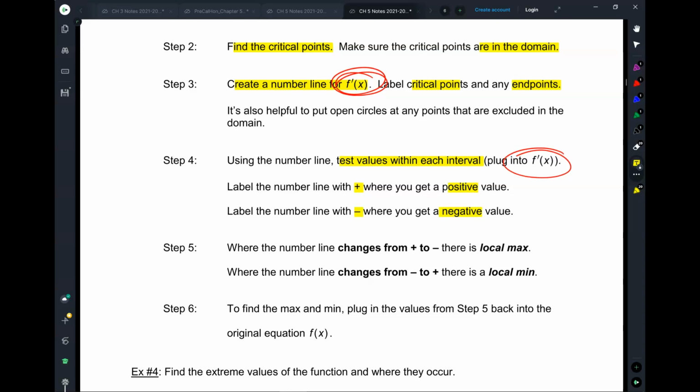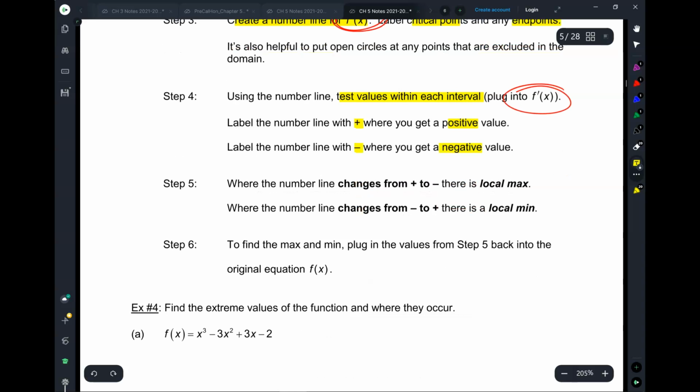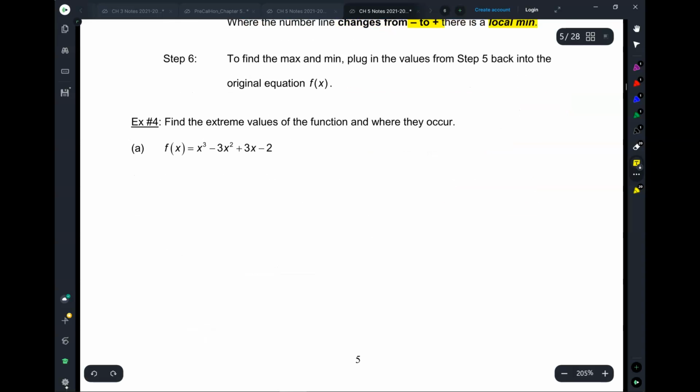The slope. And if f prime is positive, if the slope is positive, what does it mean about the function? It increases. So when f prime changes from positive to negative, there is a maximum. Minus to plus, there is a minimum. Okay? All right, let's do one.